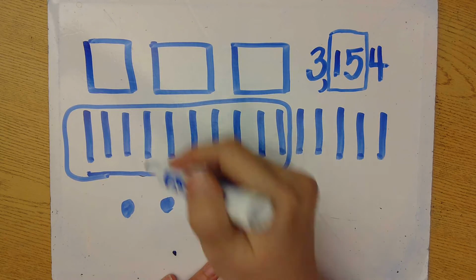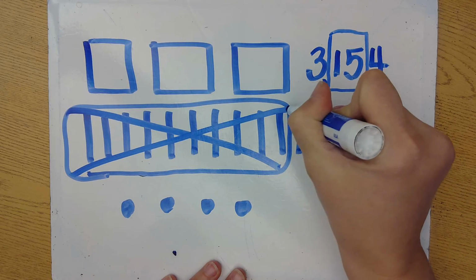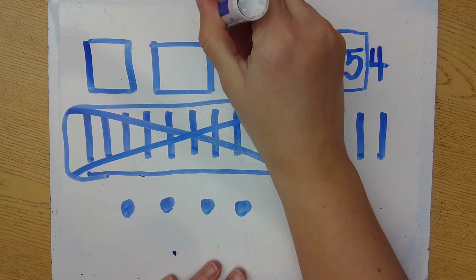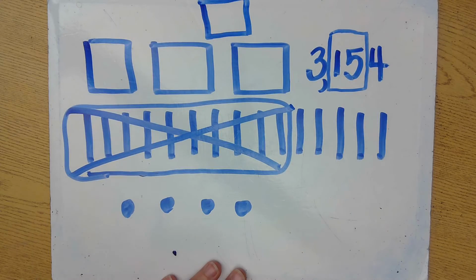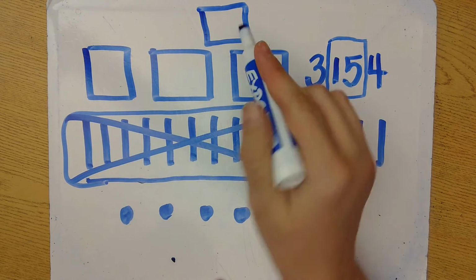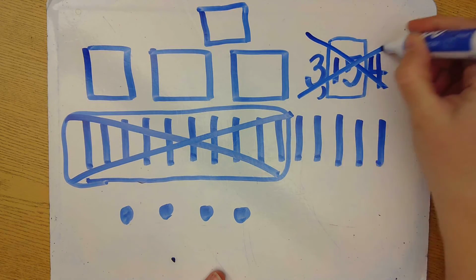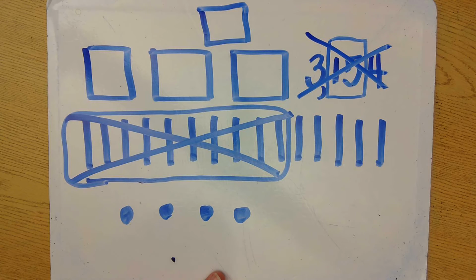So because I am trading these in, I'm going to go ahead and mark these out. And I'm going to add another flat to my drawing because I took 10 of these away, so I get to add 1 more flat. We know that this is wrong. So what do I have now?